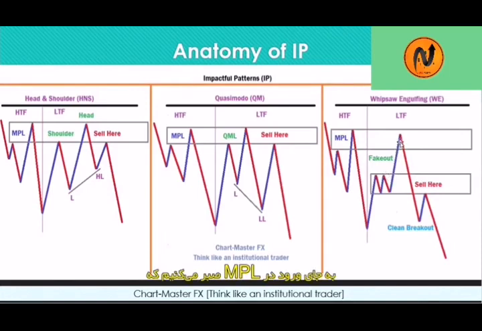Instead of selling on the MPL area, we wait for the price to engulf or to have a clean breakout on this base, which means there should be momentum as the price breaks this. This base should not stop the price on the way back, and it engulfs this base.